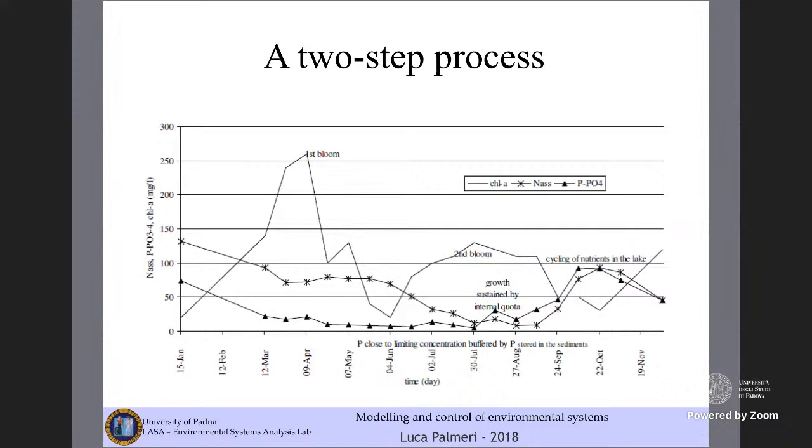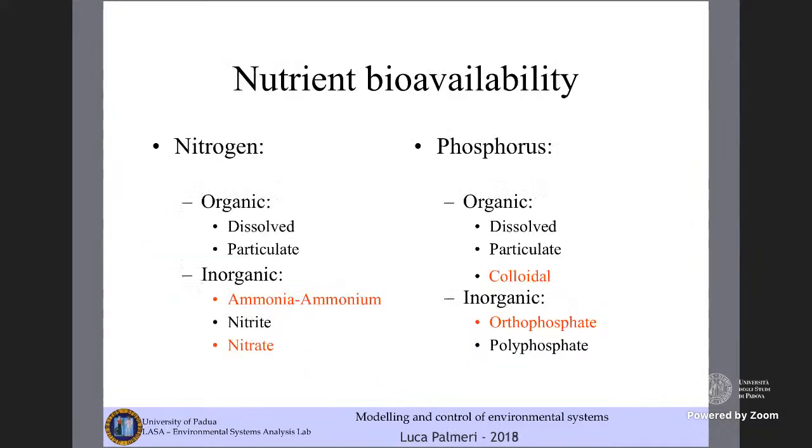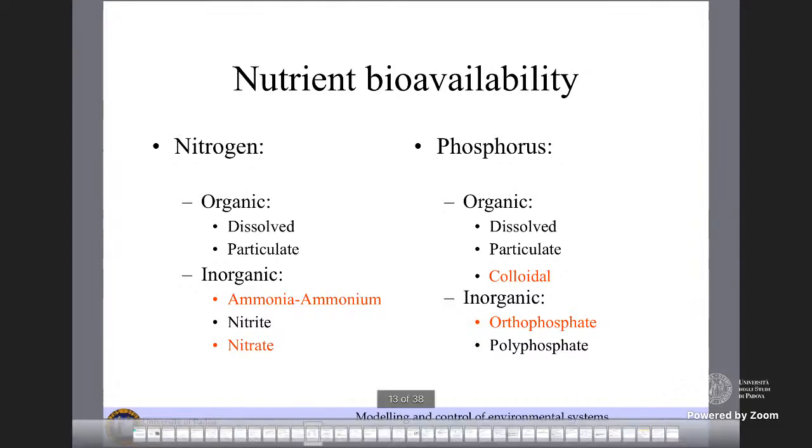Then we should, before going to the phosphorus cycle, make a short discussion about nutrient bioavailability, because not all nutrient forms are bioavailable at the same level. For example, we may distinguish between the two main nutrients, nitrogen and phosphorus. We know that nitrogen may be in organic or inorganic form.